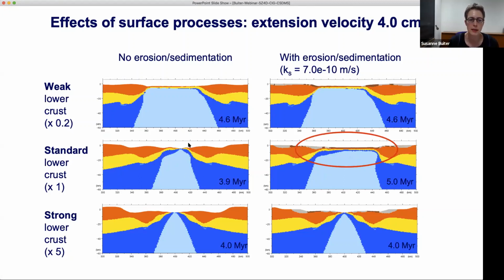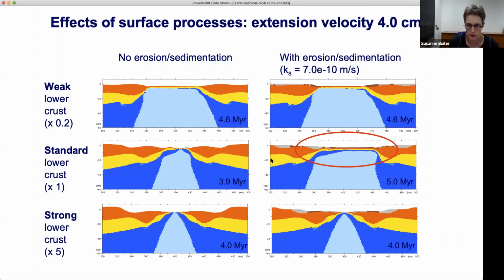The model that breaks up for the standard lower crust without surface processes, if I add sediments, now develops a wide margin. What I argue is happening is that the sediments being deposited here, which come in quite late in the process, strengthen the crust enough that they suppress the breakup.